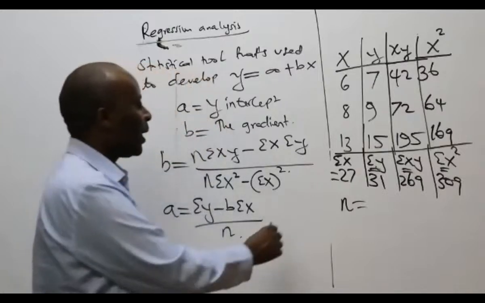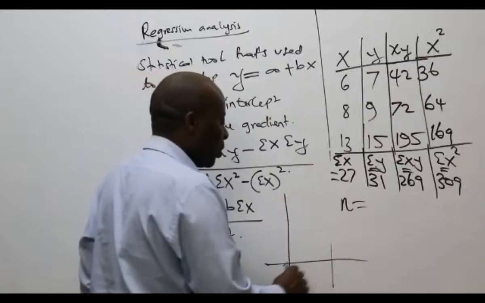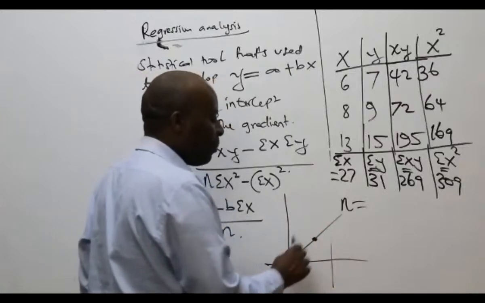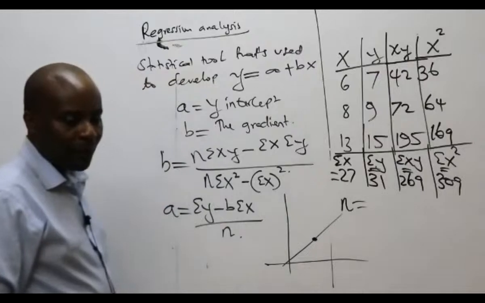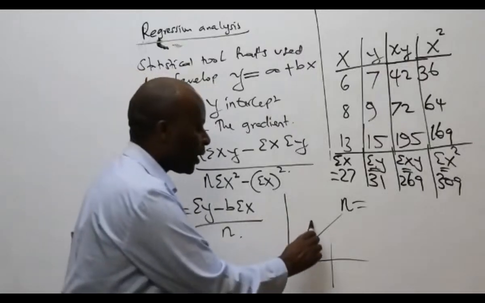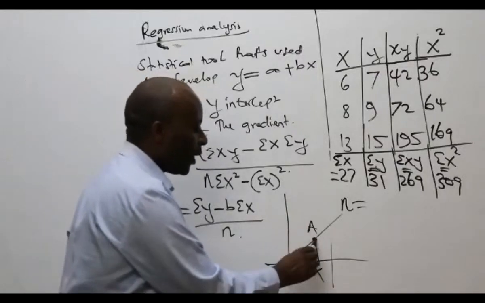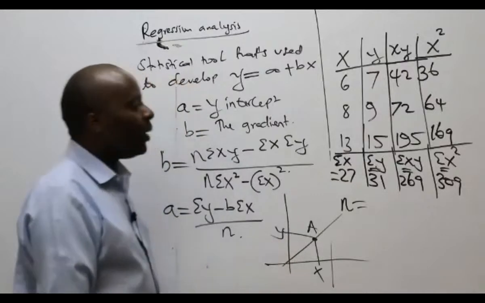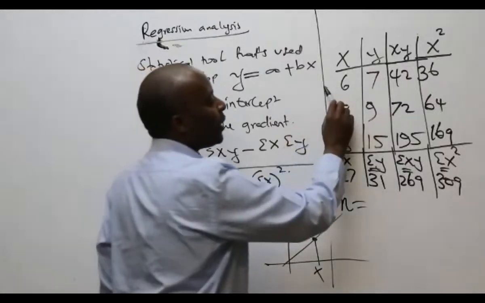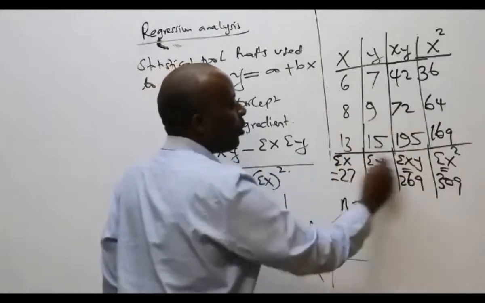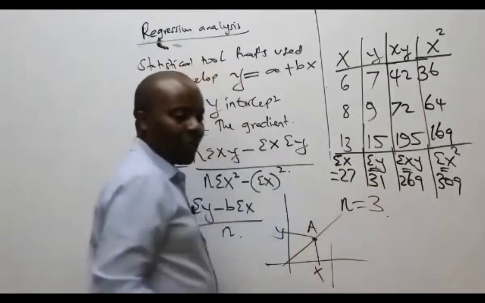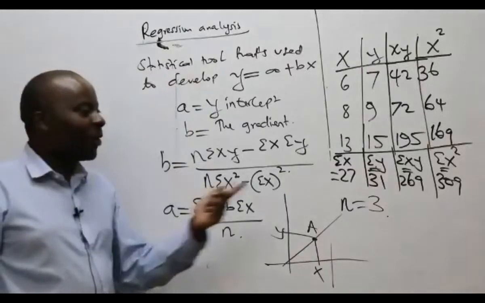Remember on a Cartesian plane, this is how our points look. Point A has an x coordinate and a y coordinate. So this is point number 1, point number 2, point number 3. N is 3. Please don't count the totals.